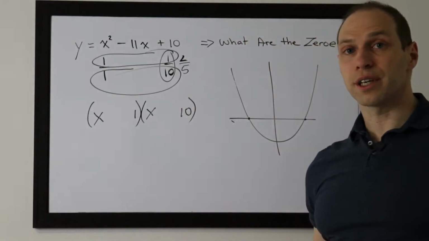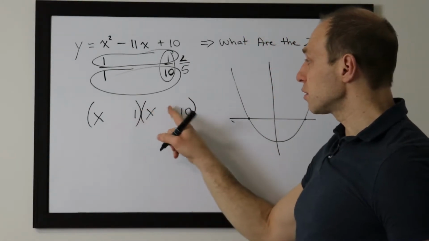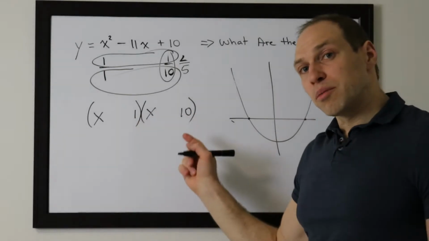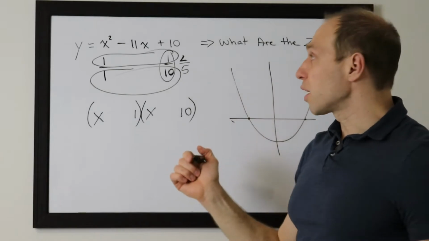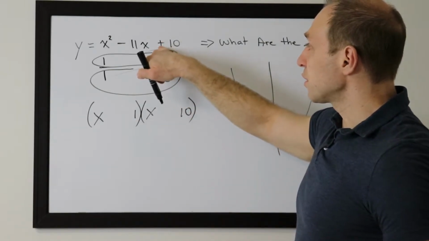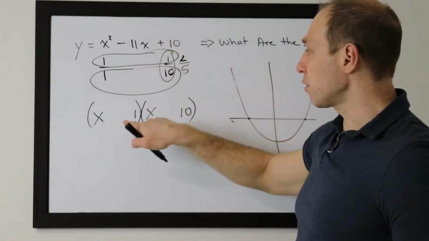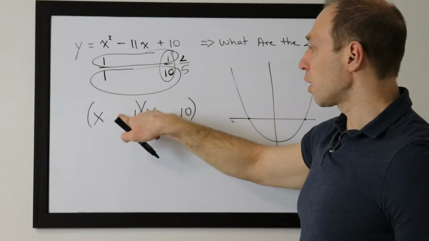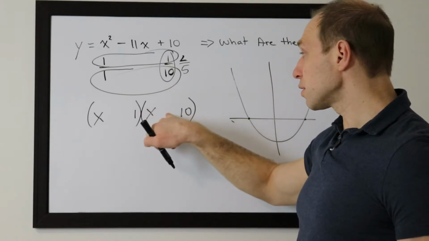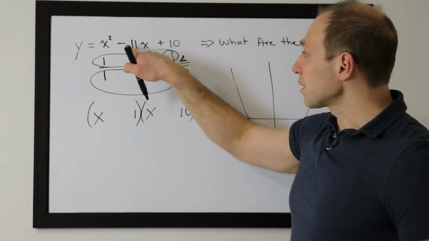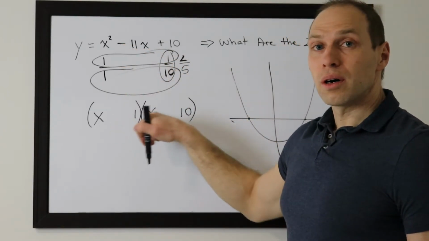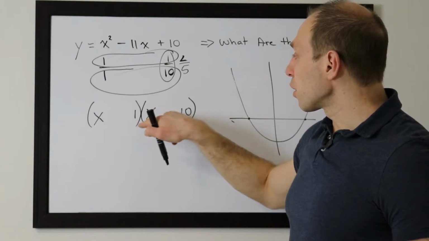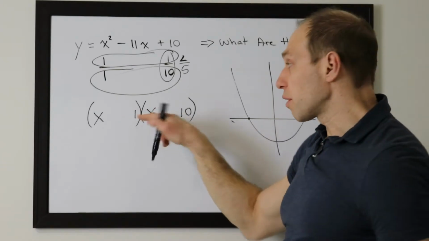And once again, at the very end, we have to figure out what are the signs. Do we put a plus? Do we put a minus? And so these two signs will play that role. In order for us to get a plus sign at the end, we can either multiply a positive number by a positive number. However, because this number is negative, we have to multiply two negative numbers together instead.